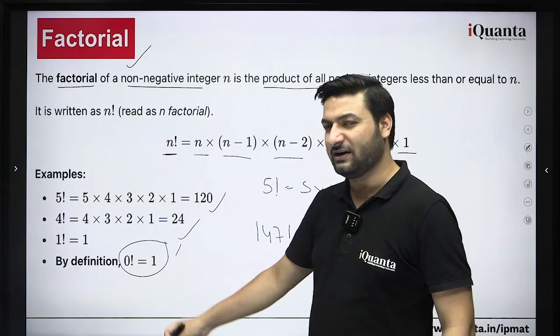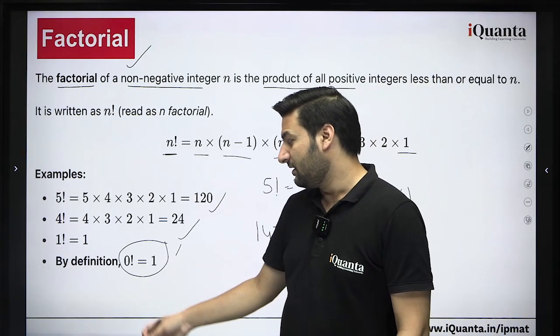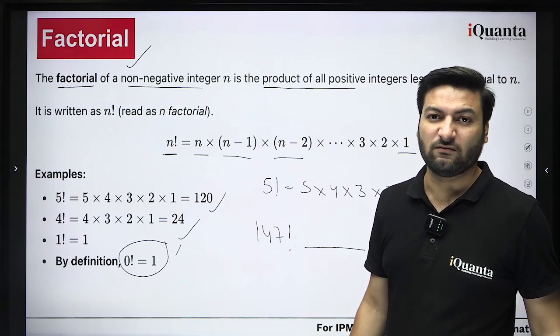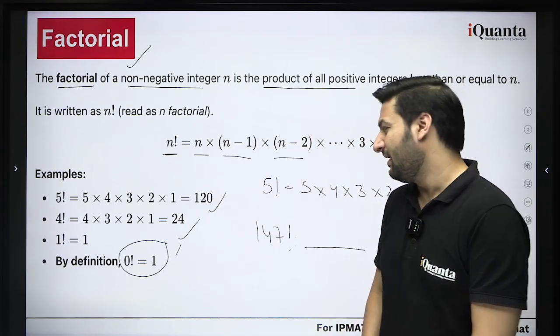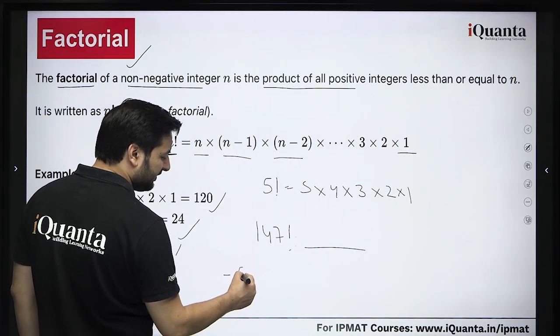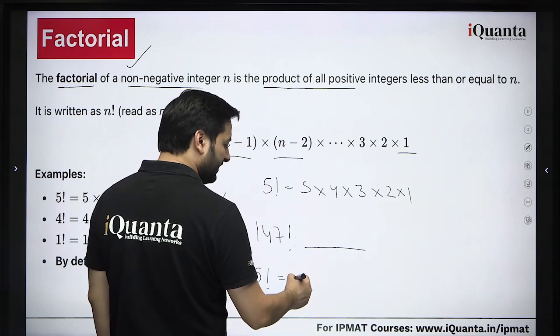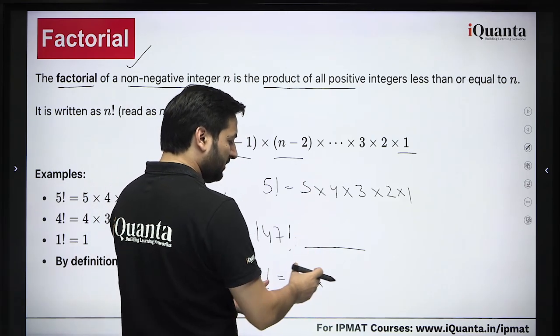There is a proof behind why 0 factorial is equal to 1. You must be thinking, if 0 is the number involved, obviously the value should be 0, right, but 0 factorial is equal to 1, and factorial does not make sense for negative numbers. Suppose I ask you, what is minus 5 factorial? Minus 5 factorial means it will start with minus 5 and then we will keep multiplying the predecessors.